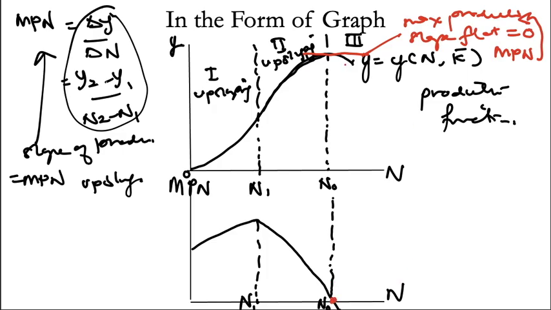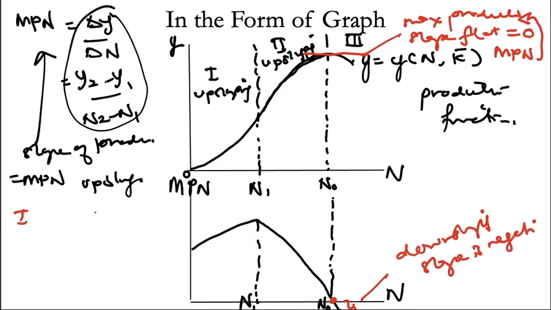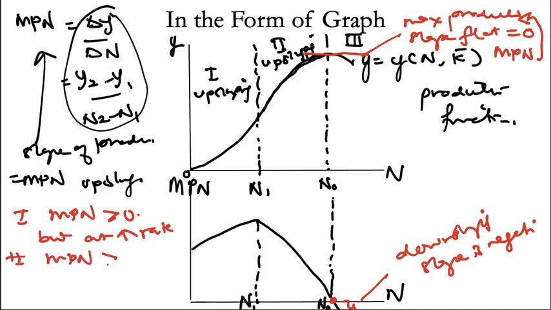After that, it decreases, downsloping, and the slope becomes negative. If it is downsloping, of course, mathematically, the slope is negative. So in the first segment, MPN is positive, but at an increasing rate. In the second segment, MPN is also positive, but at a decreasing rate.